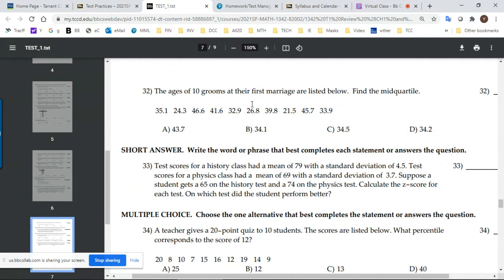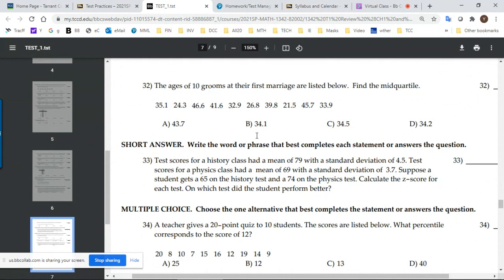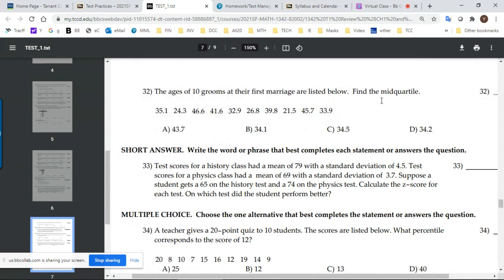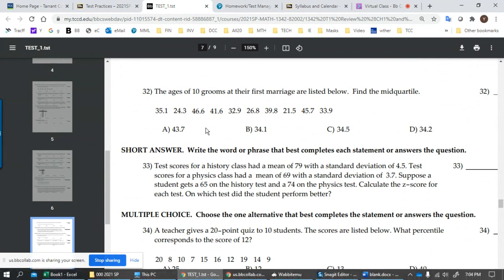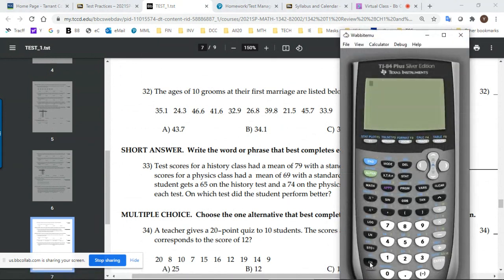So how do you find Q1 and Q3 in here? This is 10 grooms, and their first marriage ages are listed in here. All right, so you will need to find Q1 and Q3, right? And if you don't want to find this one by hand, I can show you a quick and easy way in here. Okay, we're going to go to edit, clear everything. So we have 35.1.